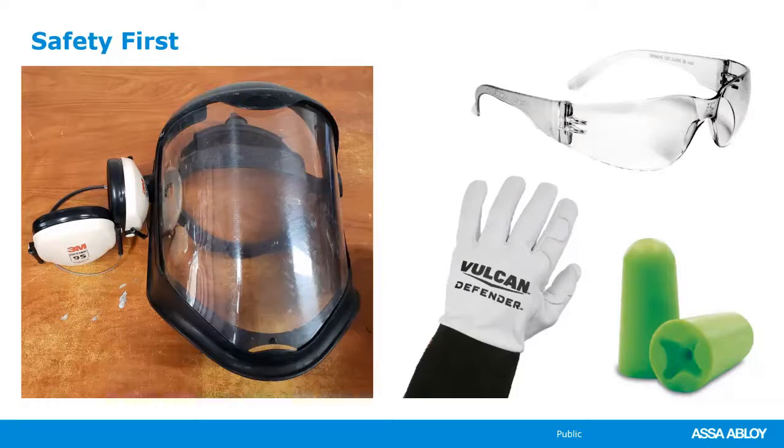I have actually been to the optometrist getting metal taken out of my eye when I was wearing safety glasses. If you're cutting, metal can bounce right around those safety glasses and get stuck in your eye. So I prefer a face shield.